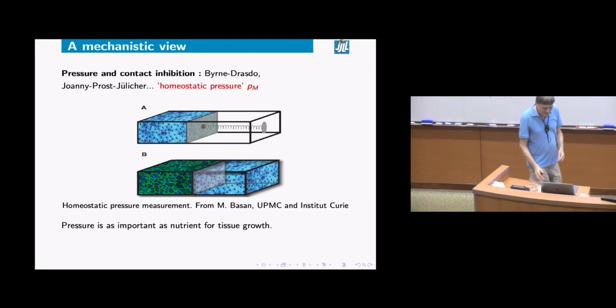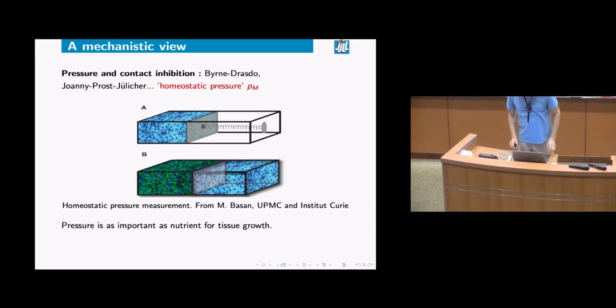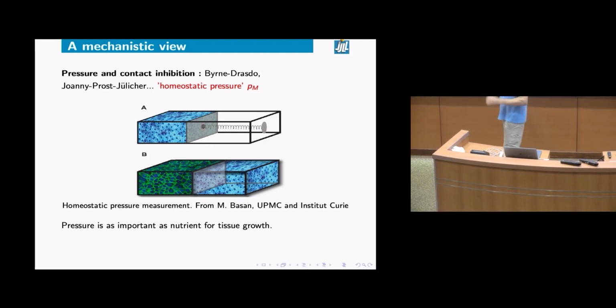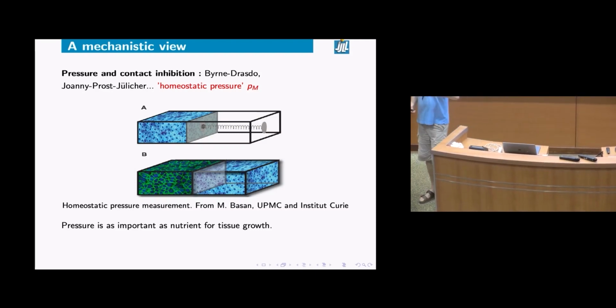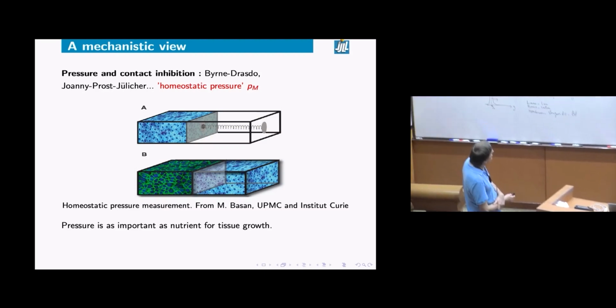There is a name which is like that. Now I'm so much used to this homeostatic pressure that I forget the other name. But they came with this name, which tells you what is the maximum pressure that a tissue can survive. If you go above, cells begin to die. If you go below, they continue to divide.